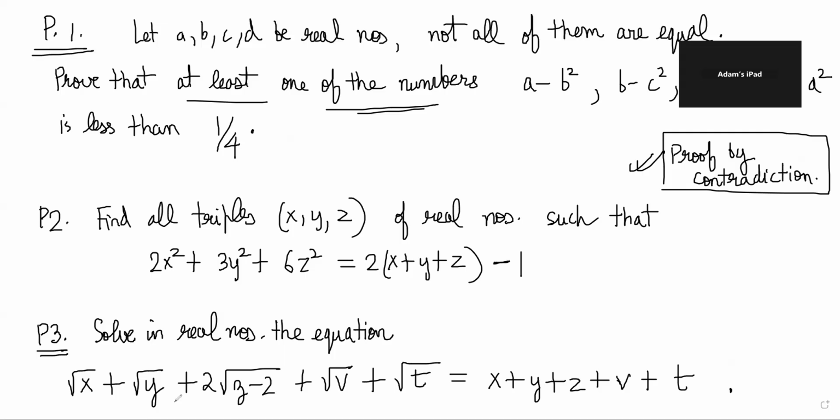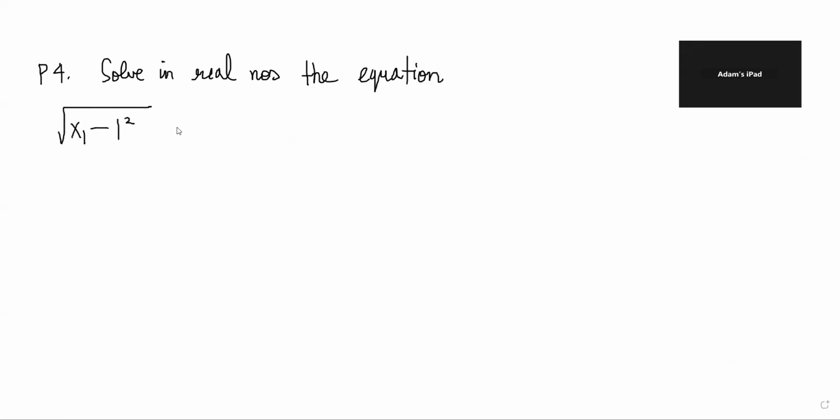Okay. Then problem 4 says solve in real numbers the equation root over (x1 minus 1) square plus root over twice of (x2 minus 2) square plus 3 times root over (x3 minus 3) square, and so on.